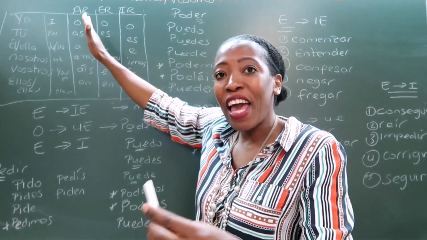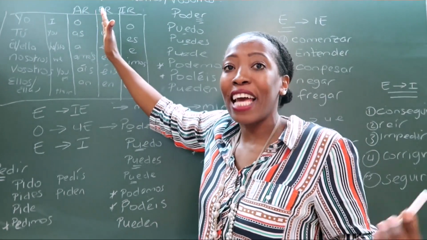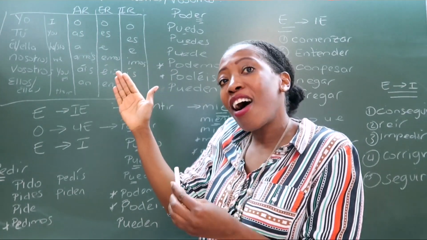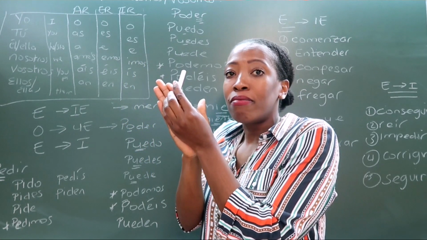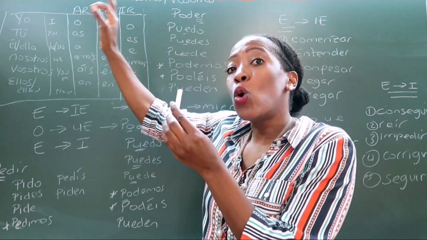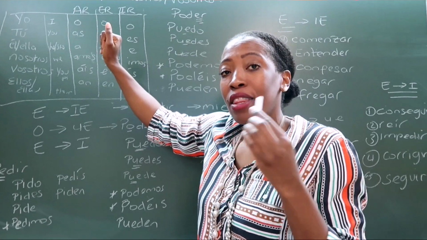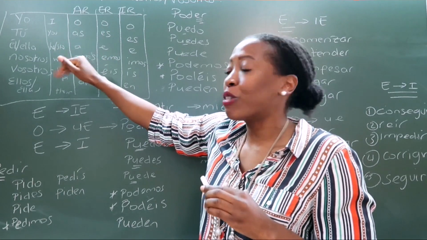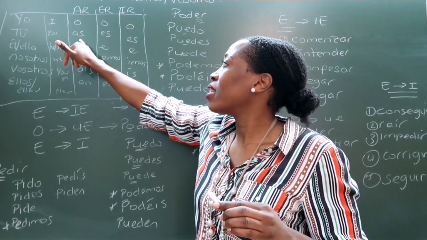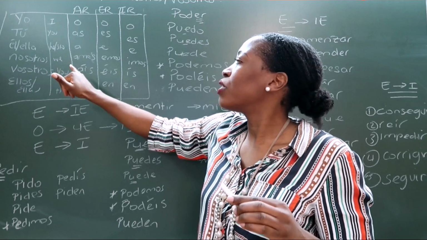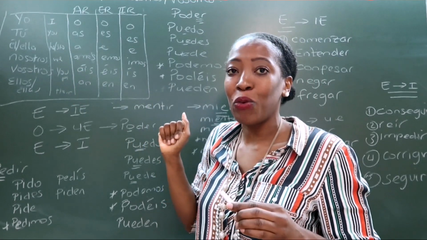So you take off the AR; amar, for example, is an AR ending. You would take off the AR and you'd be left with am. Amo, you put the O on the root. So amo, amas, ama, amamos, amáis, aman, okay?